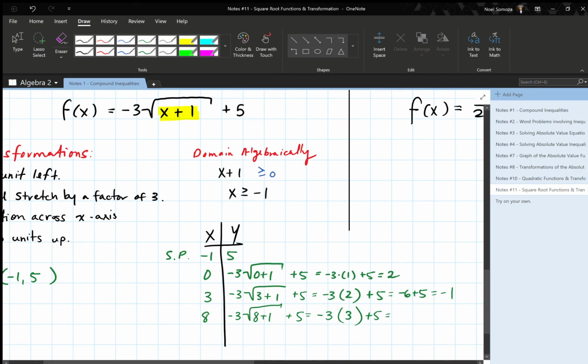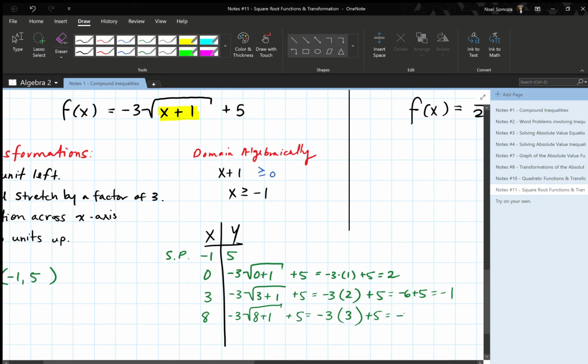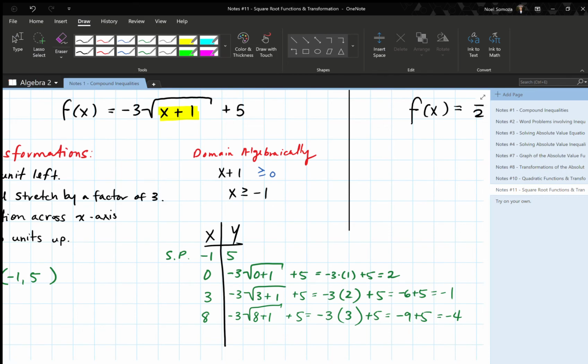Do you see how I got to 2? I know, I'm skipping a step there. So then negative 9 plus 5, that's negative 4. We can stop there, that's fine, because then we'll have to go up to like 15, and that's probably not going to fit. All right, let's graph.